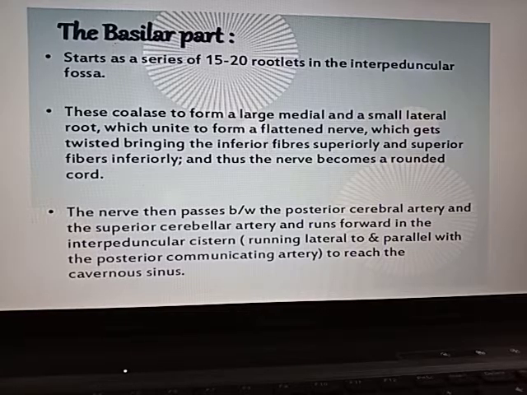The nerve then passes between the posterior cerebral artery and the superior cerebellar artery and runs forward in the interpeduncular cistern, running lateral to and parallel with the posterior communicating artery to reach the cavernous sinus. The basilar part contains 15 to 20 rootlets.